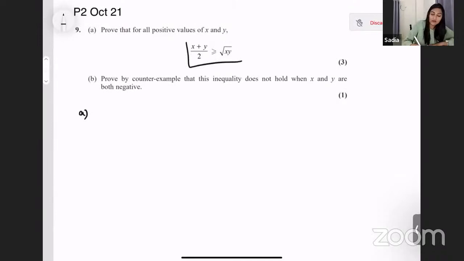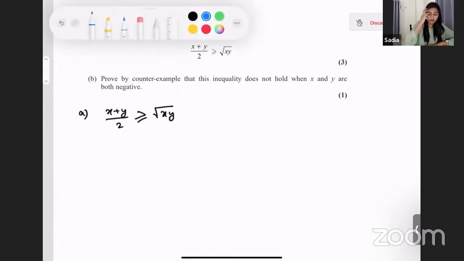So I will just start by writing this equation: (x plus y) divided by 2 greater than or equal to root xy. Since you have a square root here, to remove that, we will be taking square on both sides of the equation.